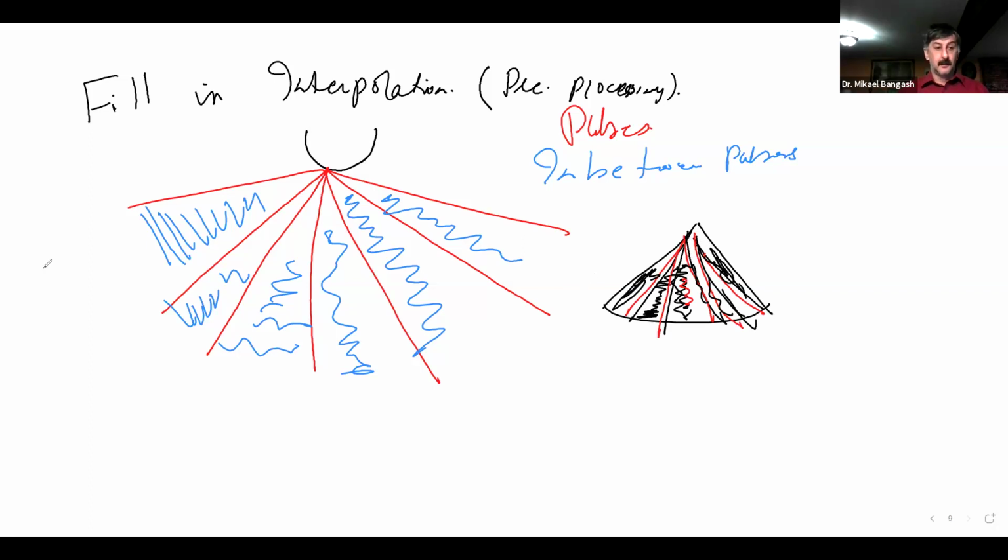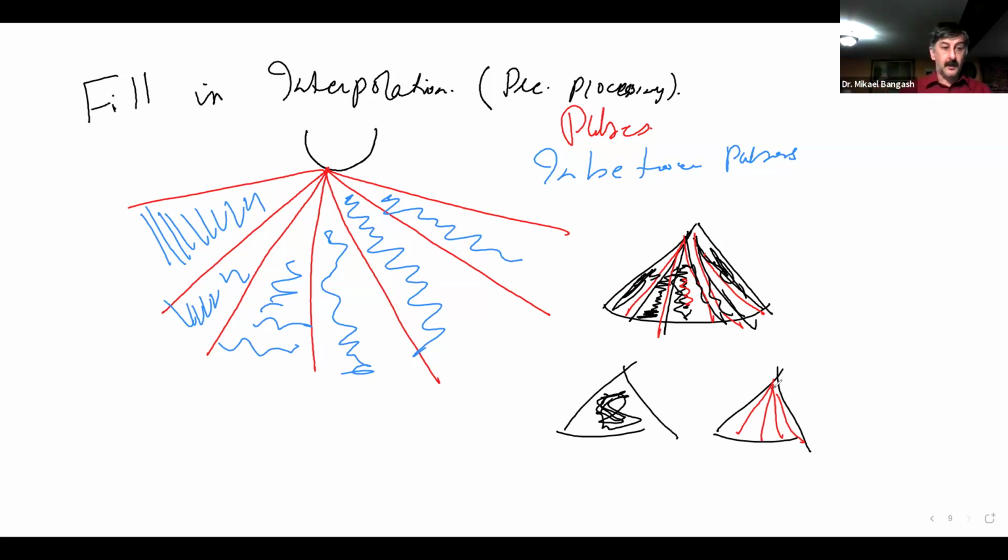Did that make sense? You would not have had an image where you could see all your structures, but it would have been something like this: only here, here, here, and here did you get some reflection of some sort.